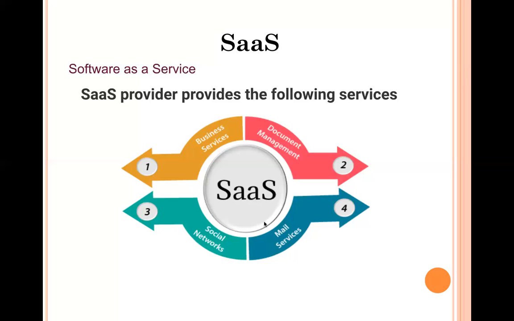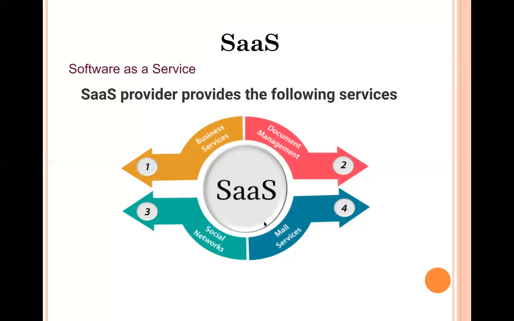Facebook, Google. Social network service providers use SaaS technology for their convenience and to handle the general public's information. Now mail service.